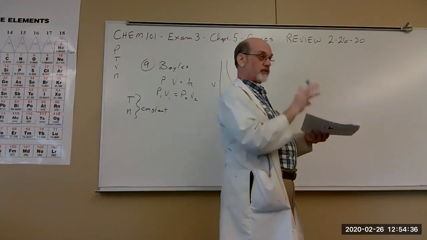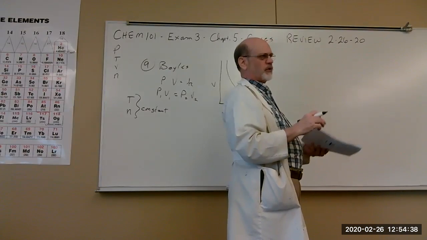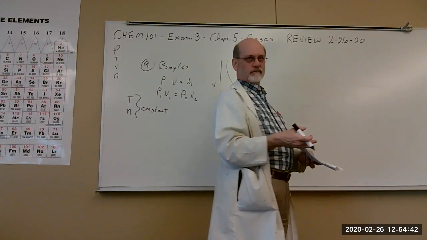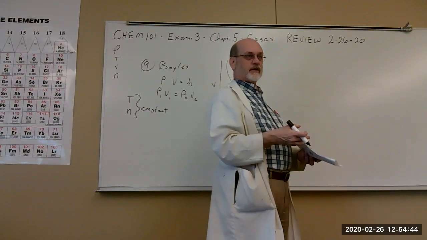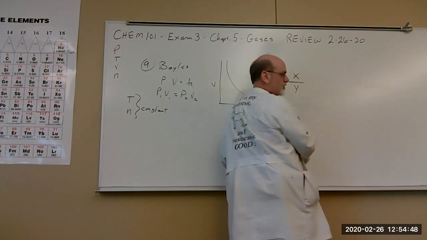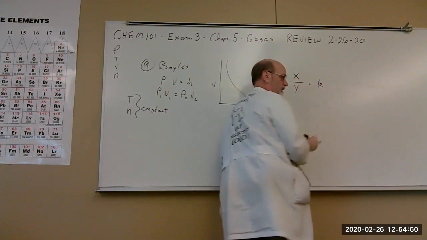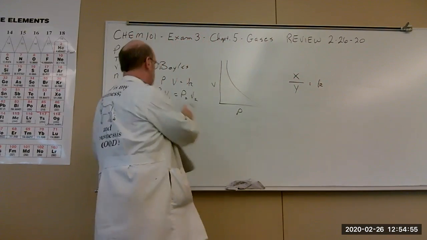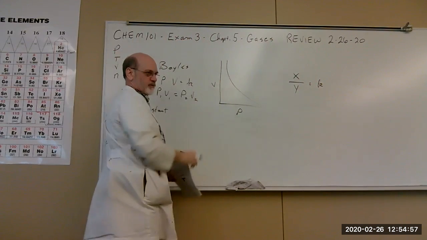Two variables in some sort of ratio equal to a constant. Quotient equals a constant. That's direct proportion. Product equals a constant, inverse proportion.